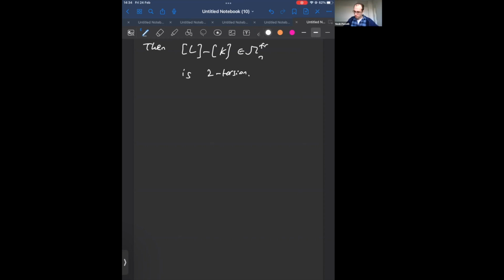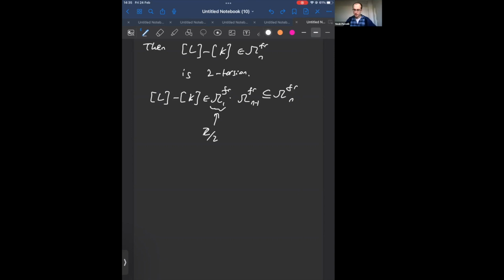And we actually get a little bit more, which is that the difference between L and K lives in some subgroup of the frame bordism group, which is things in degree 1 times things in degree n minus 1. And this thing was Z mod 2, which means that this whole subgroup is 2-torsion. So that's where the 2-torsion comes from. Okay, so that's the more general result.